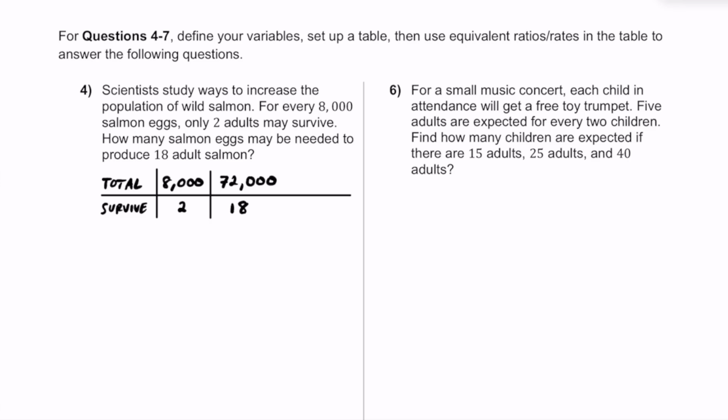So this one's pretty straightforward. I don't think you need to do too much just because 2 goes into 18 pretty nicely. But you can see here that 72,000 eggs are needed to produce 18 adult salmon.